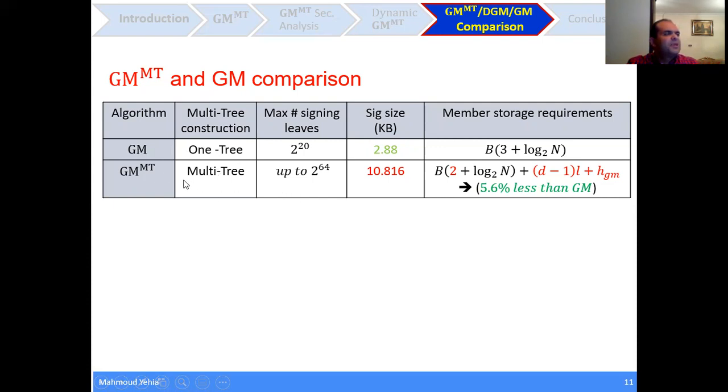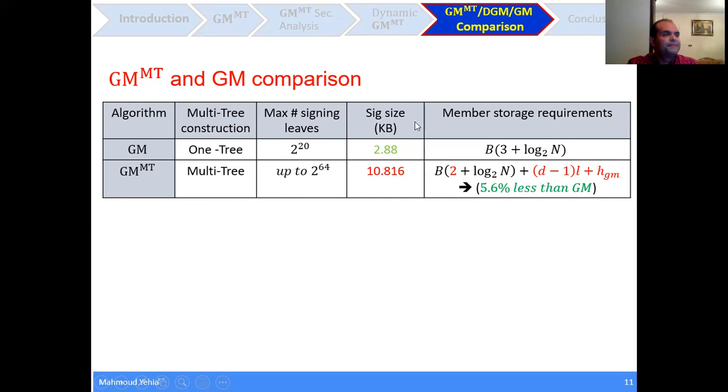Thus, our scheme can sign up to 2^64 messages, while it's restricted to 2^20 in the group Merkle scheme. And because of the multi-tree construction, our scheme signature size is larger than the one in the group Merkle.